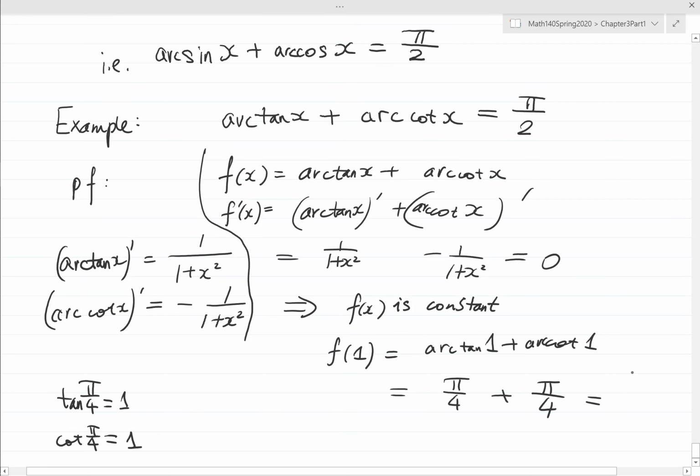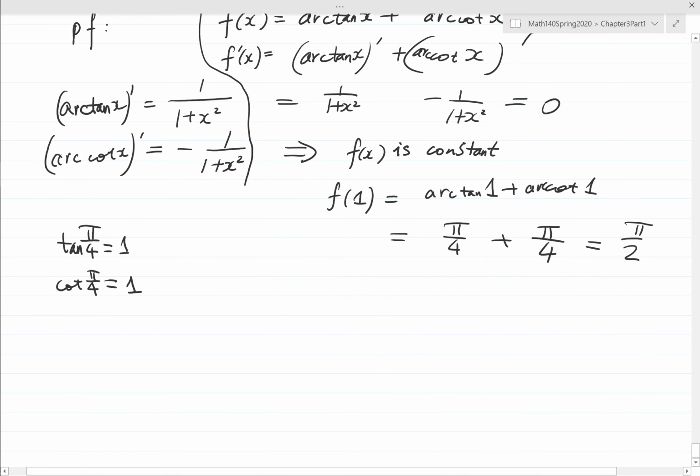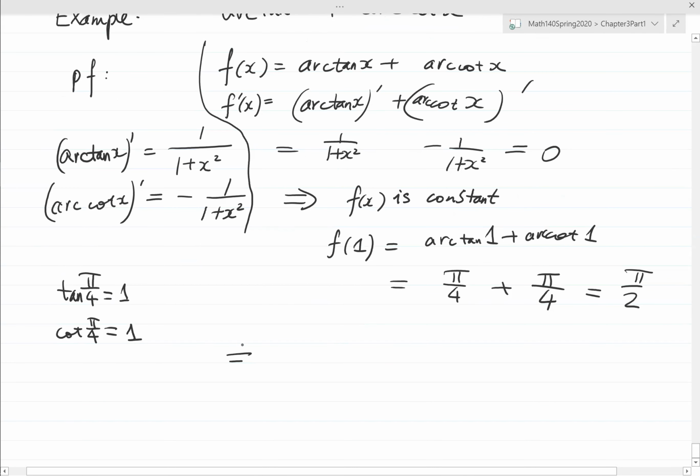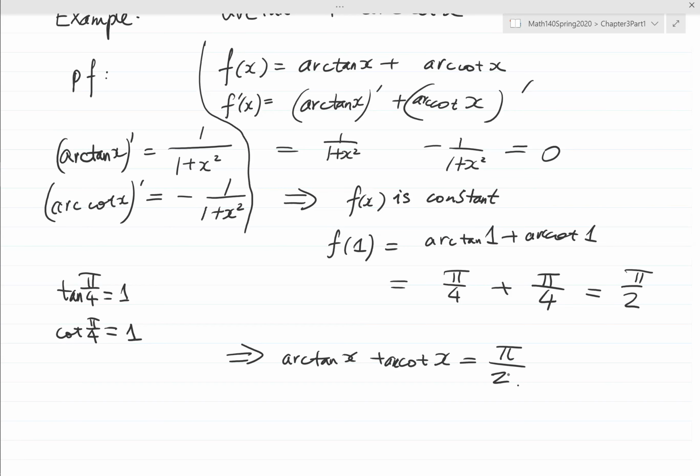Then you get pi over 4 plus pi over 4, you get pi over 2. Okay. So this actually shows arctangent x plus arccotangent x is again pi over 2. All right.